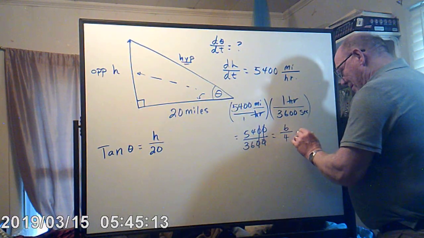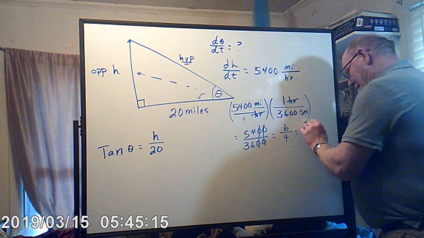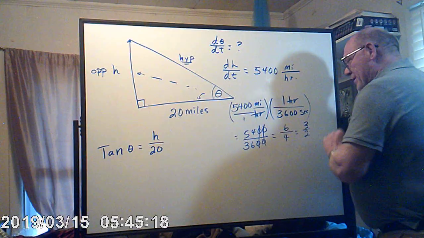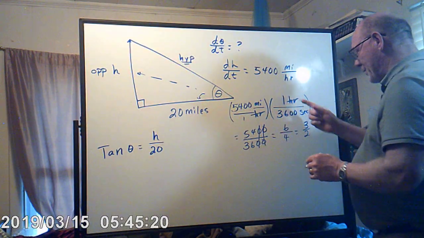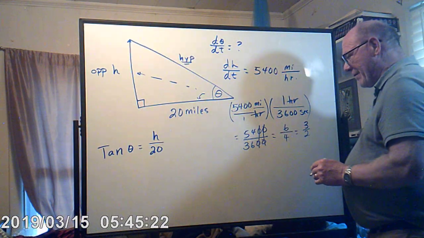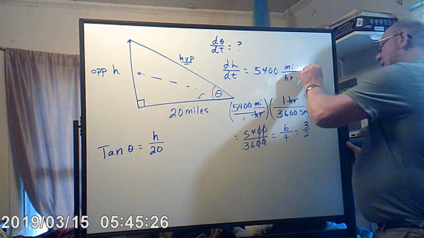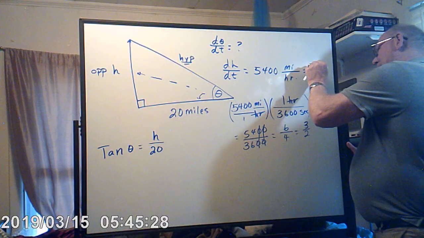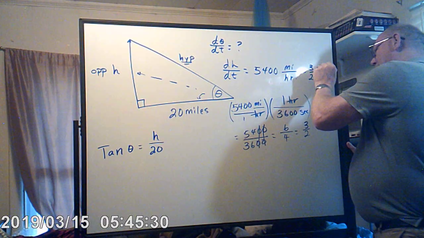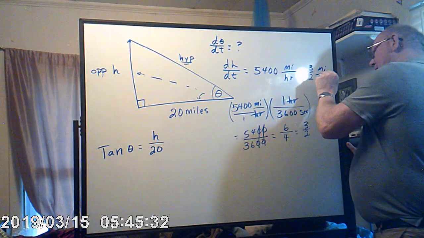And then we can divide by 2, and we get 3 over 2. So this is now in miles per second, isn't it? Alright, so dh over dt is the same as 3/2 miles per second.